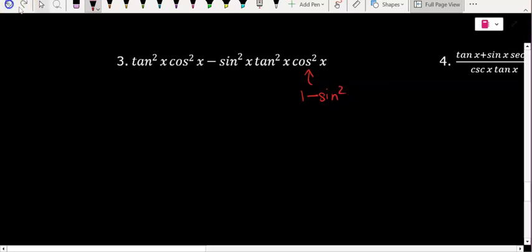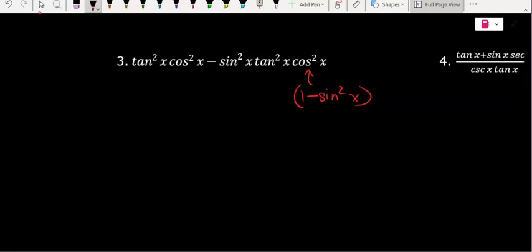And if I did that, that means that 1 minus sine squared is times sine squared times tangent squared. That's just overcomplicating things. I'm taking something that's just one term, there's no addition or subtraction in this, and I would be changing it and making it into multiple terms. We don't want to do that.